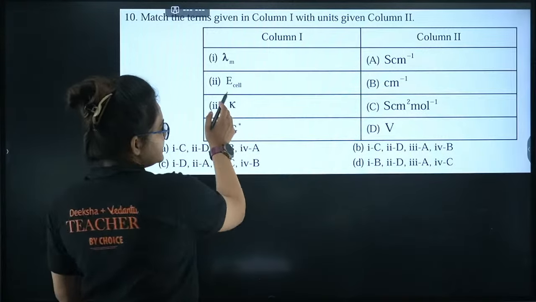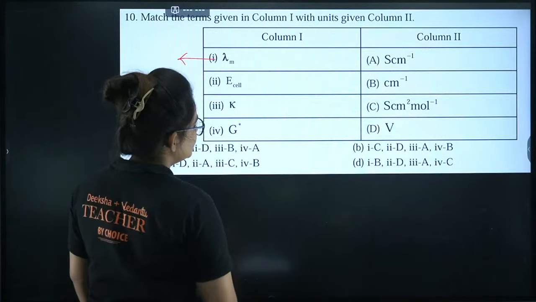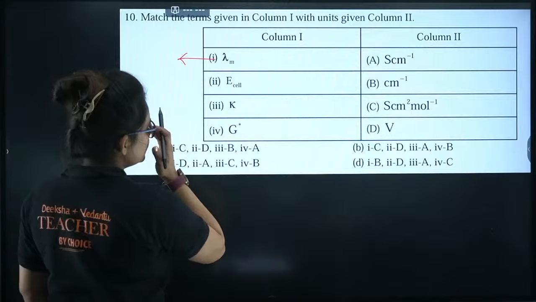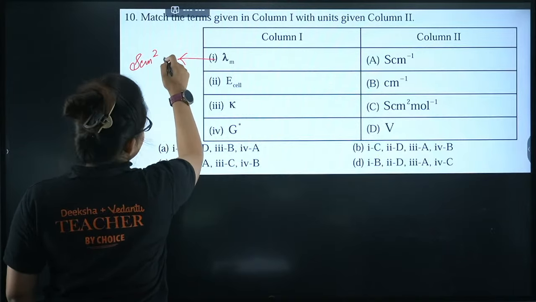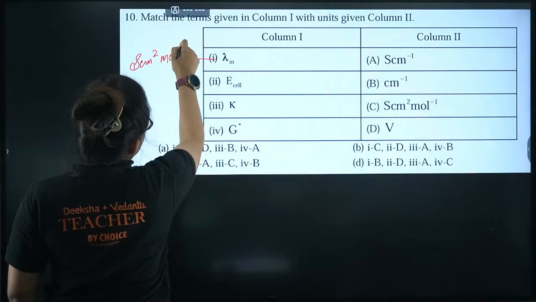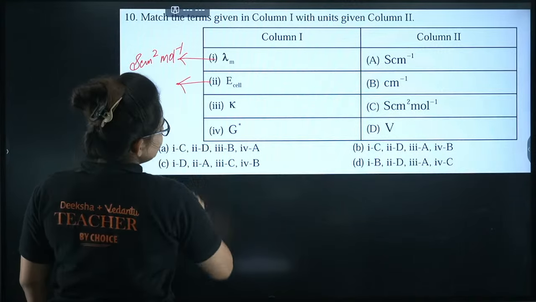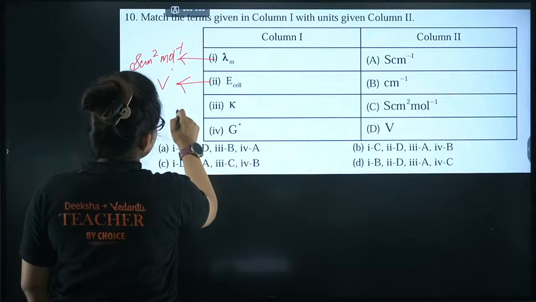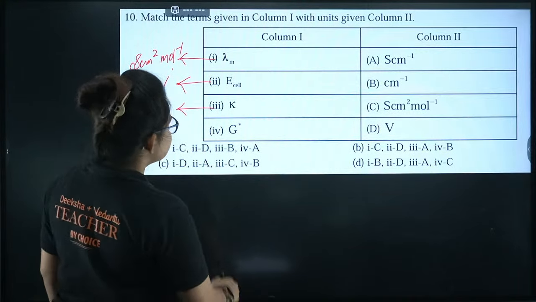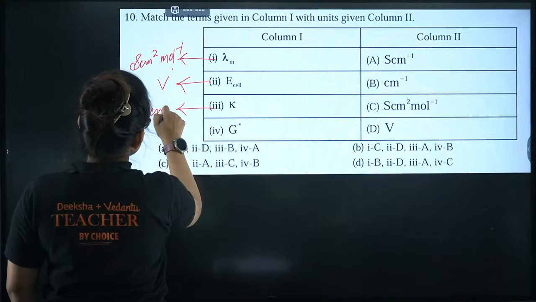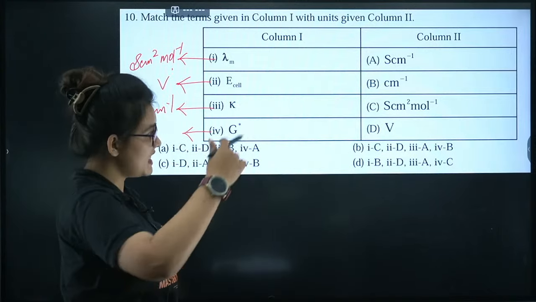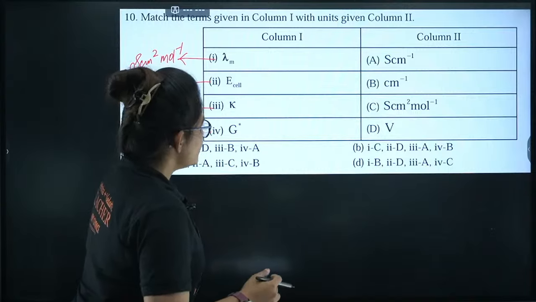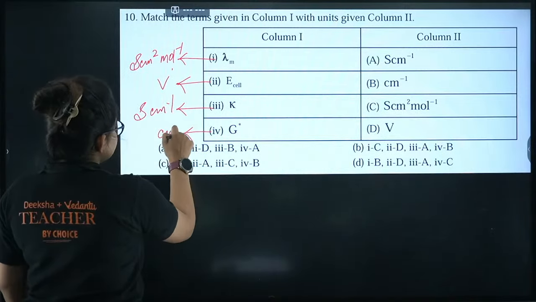Yes, so for this case let me just write down the unit for you. That's going to be Siemens centimeter square mole inverse. Next, E cell is going to be simply volt. For kappa it's going to be Siemens centimeter inverse. Next, G star is called the cell constant, it is L by A. So that's going to be centimeter inverse.